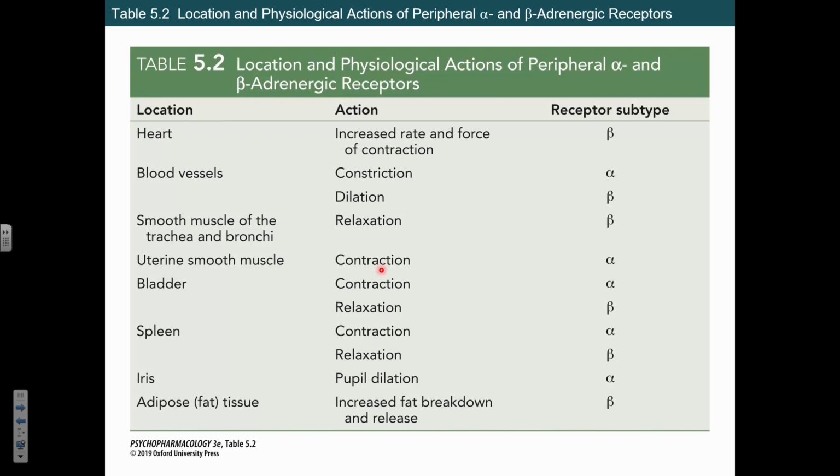Also, epinephrine, norepinephrine, they have a lot of peripheral effects in the heart, blood vessels, other places. You can see which receptor subtype is going to be activated and sort of that effect. These are side effects, things you would have to worry about if you're giving someone an alpha or beta agonist, right?